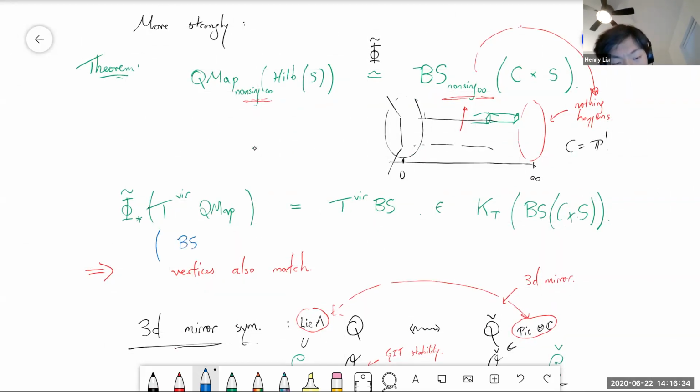If you try to do PS theory on the trivial resolution, just C2 resolving itself. Sorry, maybe I shouldn't write it like this. C2 times P1. This is exactly the same as PT theory, literally by definition. Okay. So as a consequence, you recover the special case of quasi maps of Hilb of C2 corresponding to PT theory on C3.